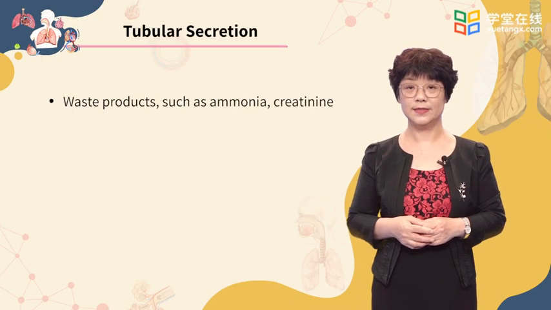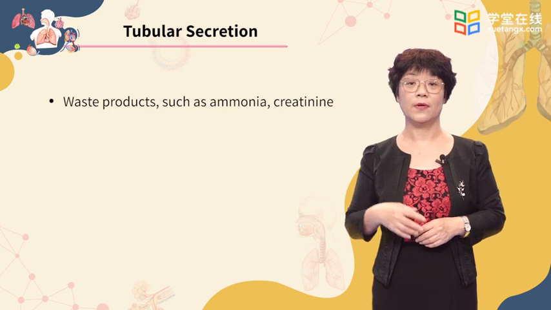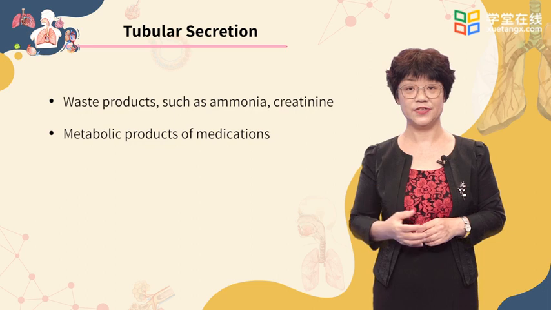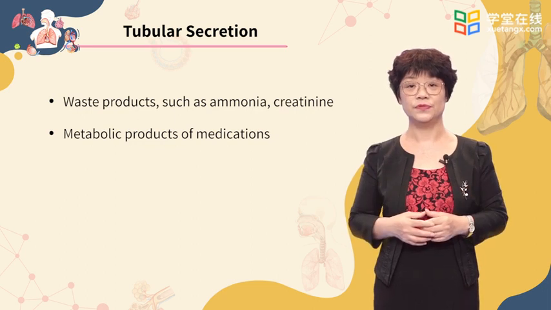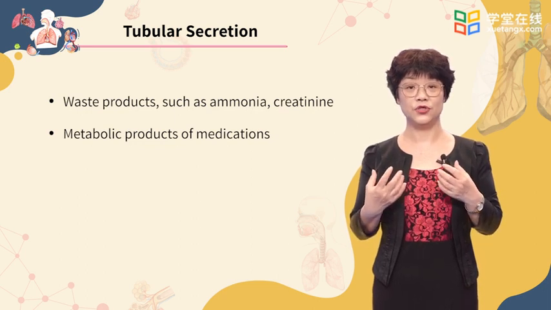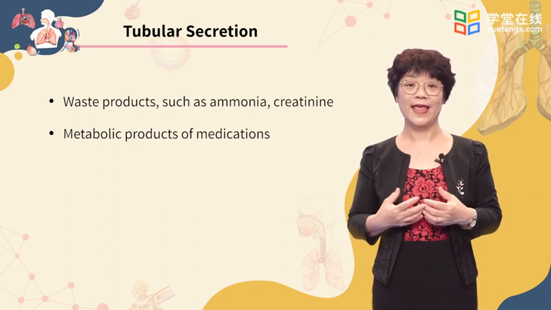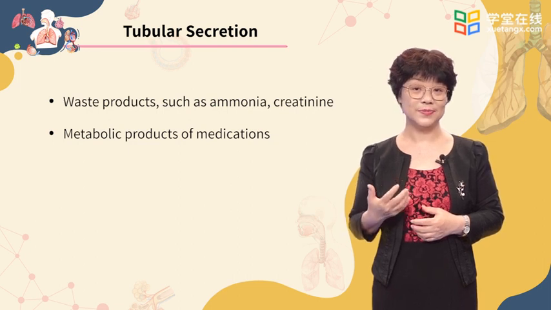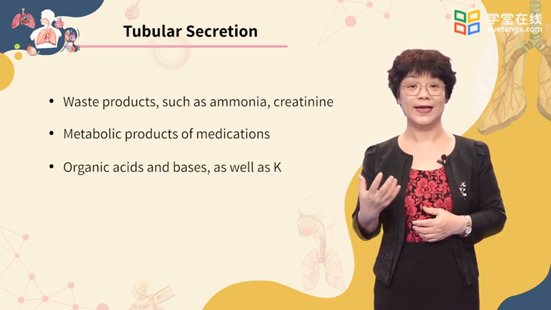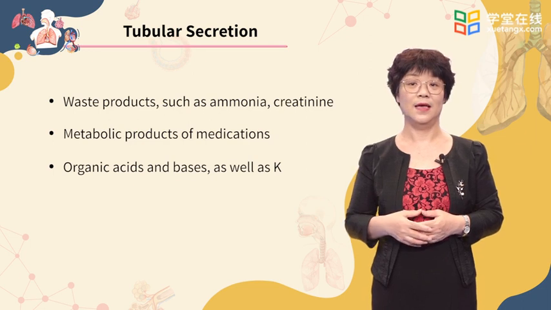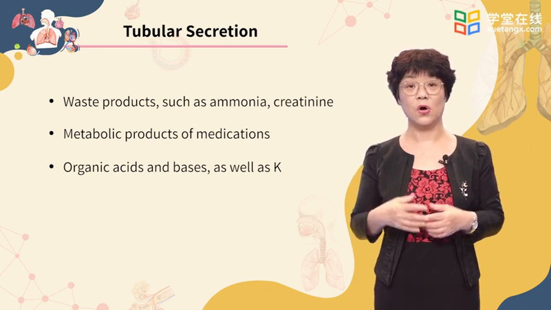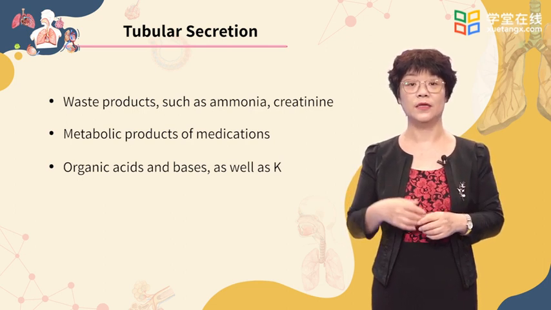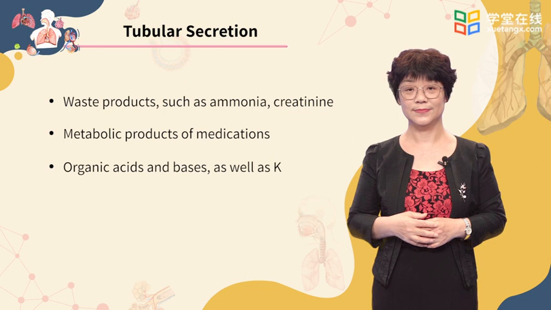Waste products such as ammonia, creatinine, and metabolic wastes of medications are actively removed from the blood into the tubular filtrate and then eliminated in urine. A few substances like organic acids and bases, as well as potassium, are also secreted from the peritubular capillary blood into tubular fluid.